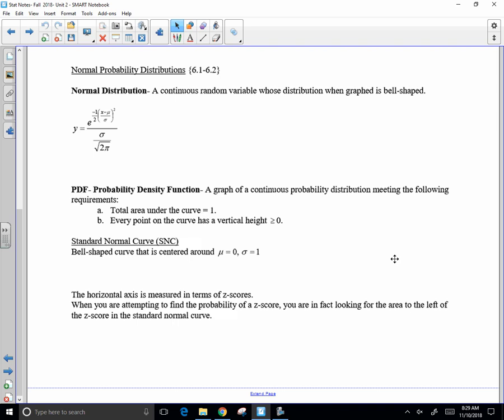All right, so I've talked about this formula before. It's a nasty formula, really meant to intimidate and scare you, but also it's meant to be appreciated because what this formula does is it creates this curve.